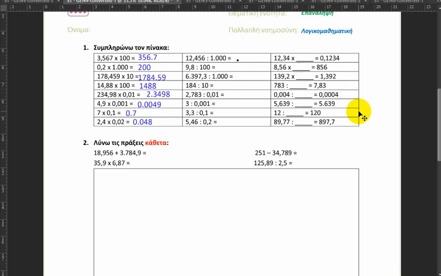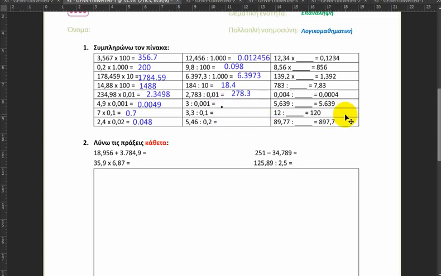This is going to be 0.012456. This is 0.098. And this is 6.3973. This is 18.4. And we have 278.3.